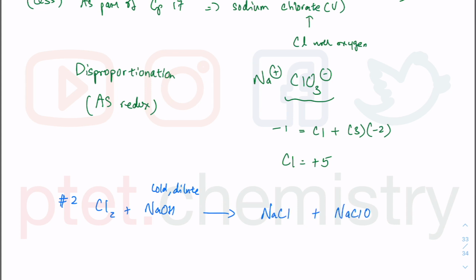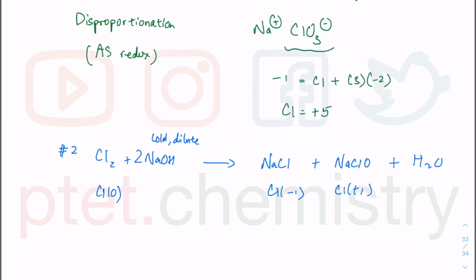This is sodium chlorate(I). And this is chlorine -1, chlorine +1, chlorine 0, and I simply need 2 NaOH to balance the equation. It stops here. It doesn't go all the way to chlorine +5 at all. So number 2 is wrong already. We're looking at only 1 being correct. So therefore, option D.